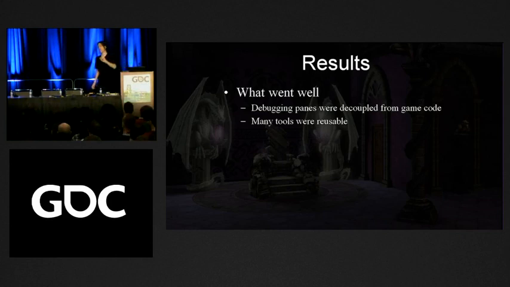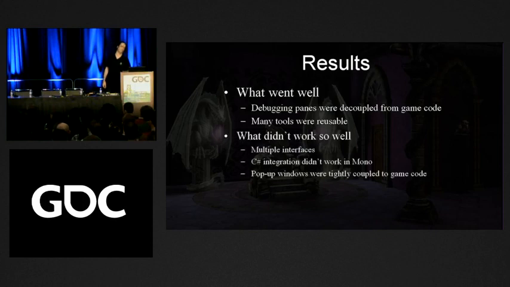And one at shutdown to destroy that manager. Other than that, there was nothing. It was just this one single point of integration, which worked really well. It meant that everything was nice and decoupled. We could delete that directory, and as long as those processor flags weren't there, that's it. They're not even compiled into release mode, so you wouldn't even have to rebuild. That was nice, and a lot of these tools were reusable. Like I said, we reused most of them.